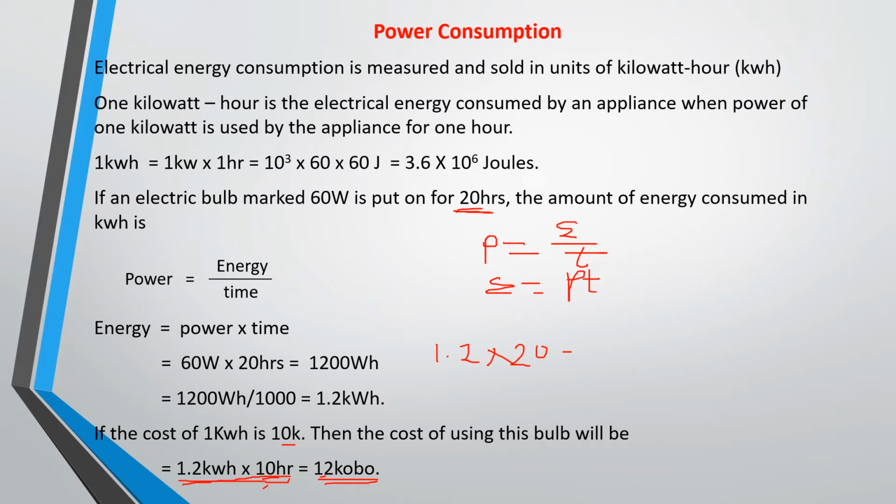If you do that, you are going to have 24 kobo as the cost of power consumption for 20 hours. Okay, so having known this, we are going to solve problems that will make this very clear for you to understand. Right, so let's go straight and solve some problems.